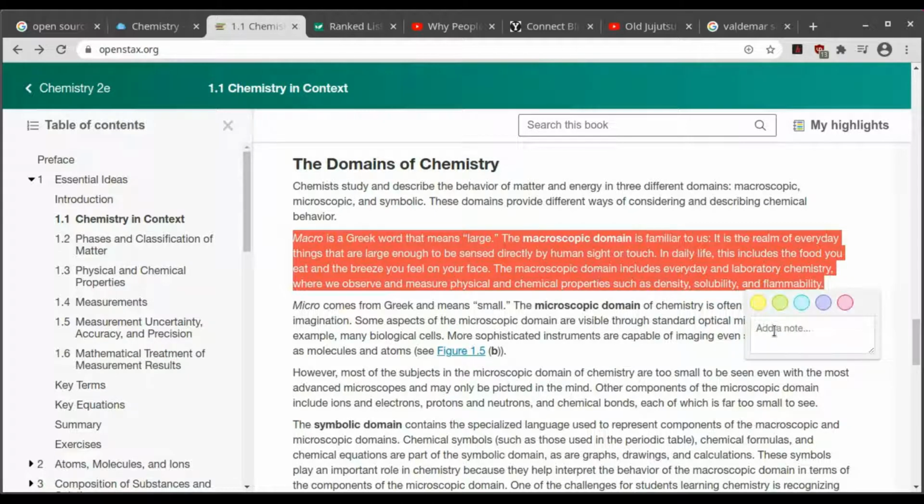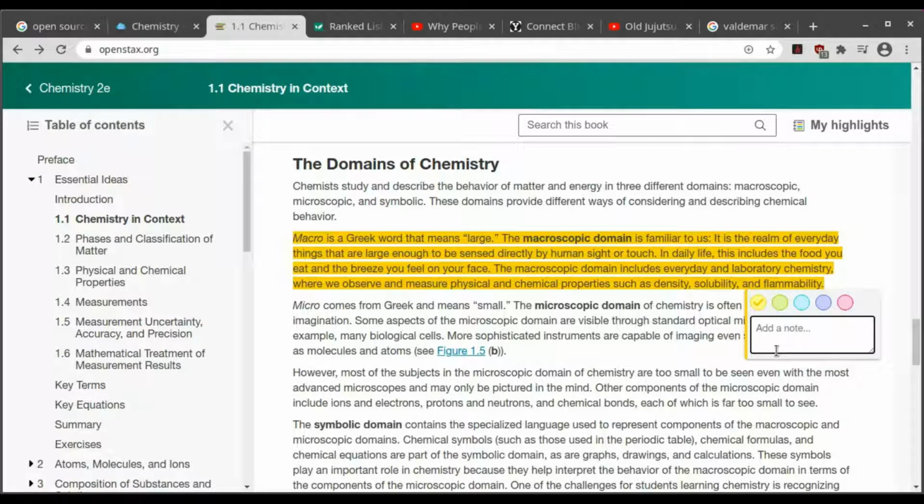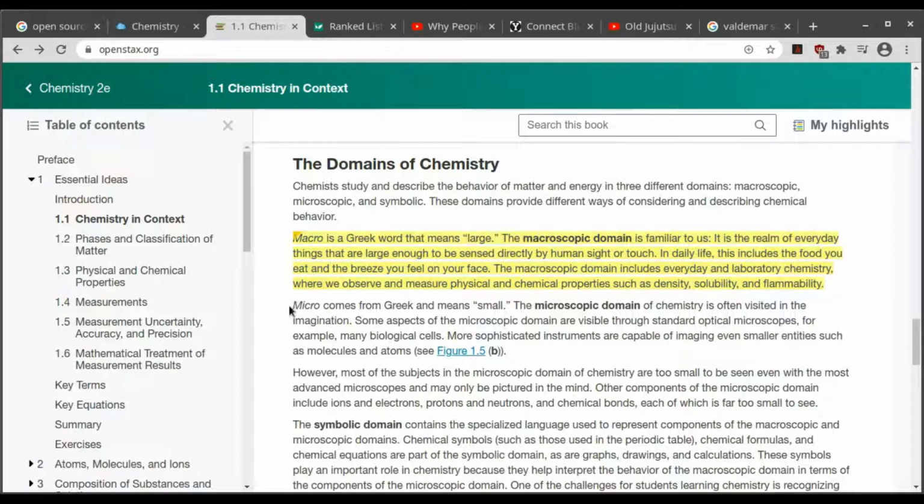Micro comes from the Greek word that means small. The microscopic domain of chemistry is often visited in the imagination. Some aspects of the microscopic domain are visible through standard optical microscopes, for example, biological cells. More sophisticated instruments are capable of imaging even smaller entities such as molecules and atoms. And they have a figure that you can click on and see, where you're seeing the ice, the water, and the water vapor in the clouds.